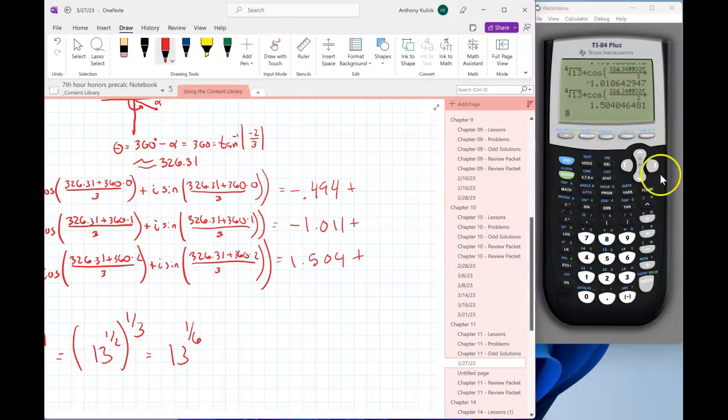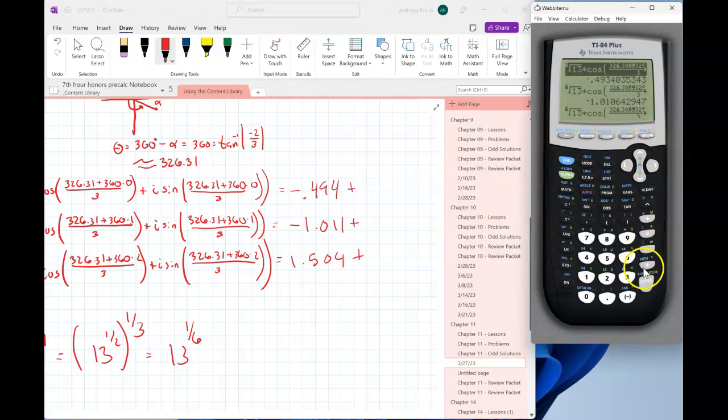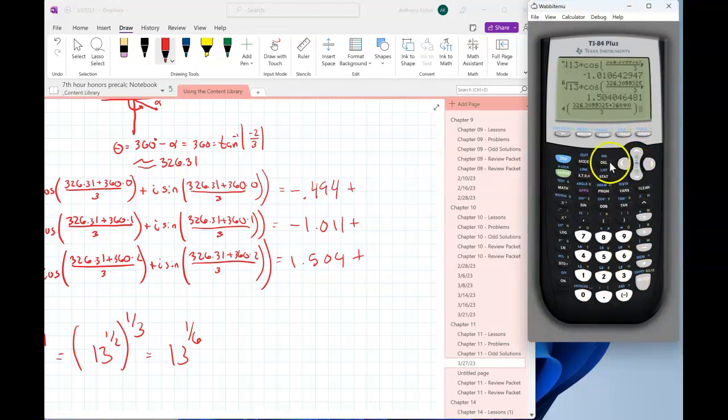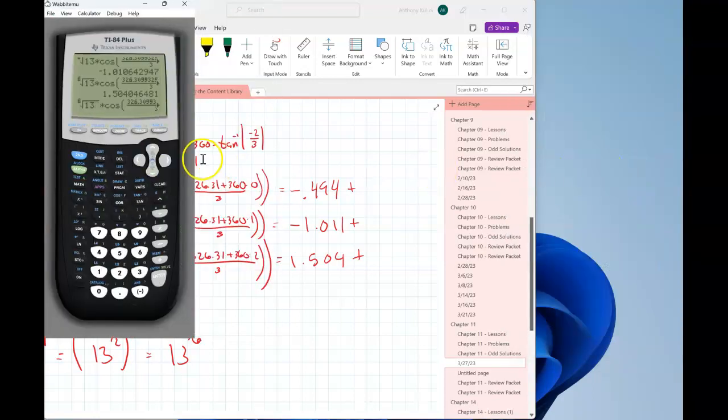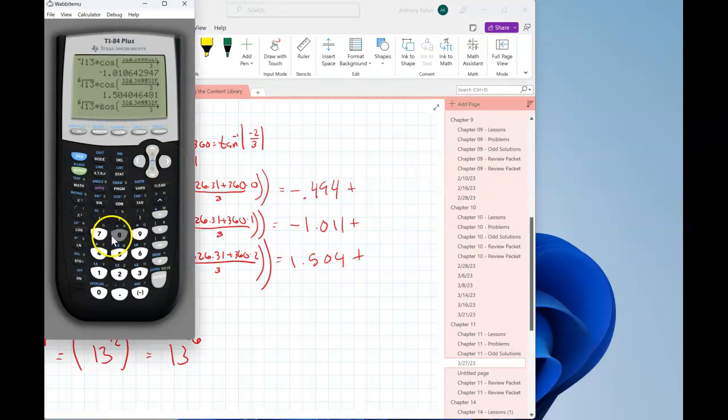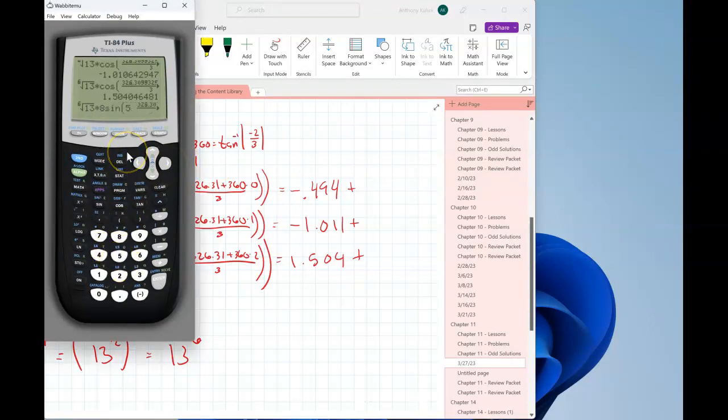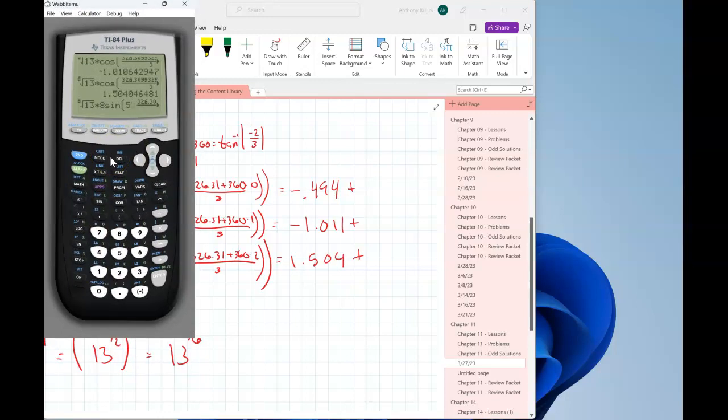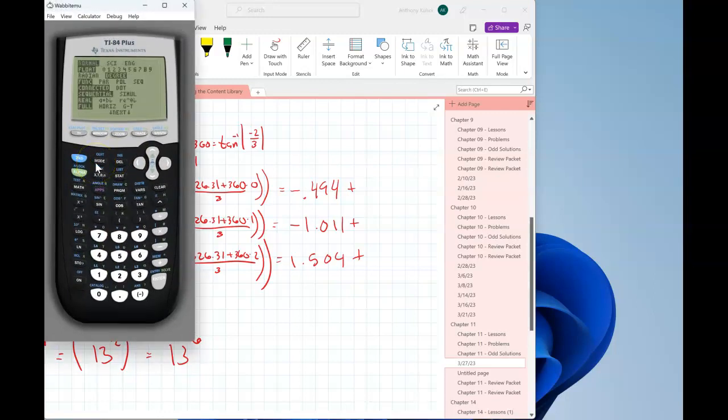Now to get my y components, to get my first one, I'm just going to go back here and change that to sine. That was weird. Oh my God. My pen was on my mouse pad and it caused my calculator to have like a mini stroke there.